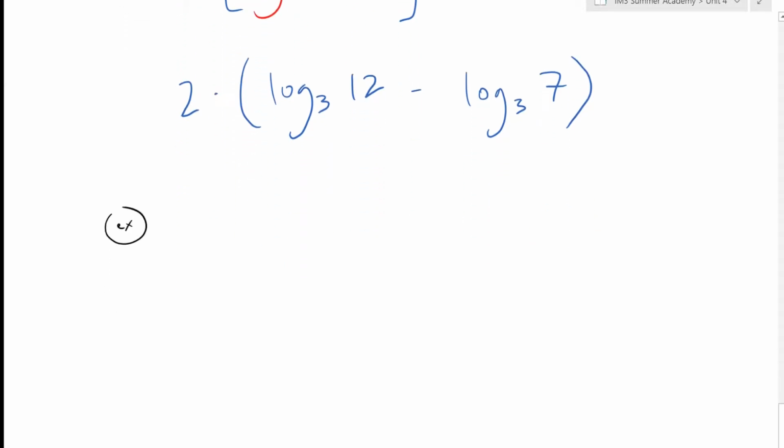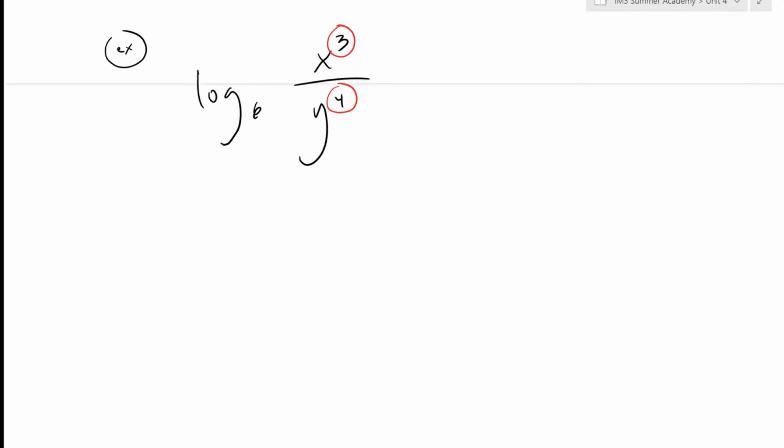Now depending where the exponents go, we might have to change the order of things. So let's say log base 6, x to the 3 over y to the 4. This time, the x has the exponent of 3, the y has an exponent of 4. They don't both have the same exponent. So here, since there's no parentheses, I am allowed to split it with this division, and the division is going to become subtraction.